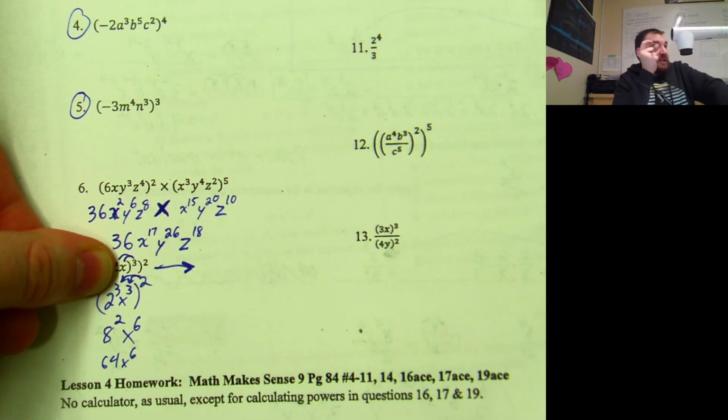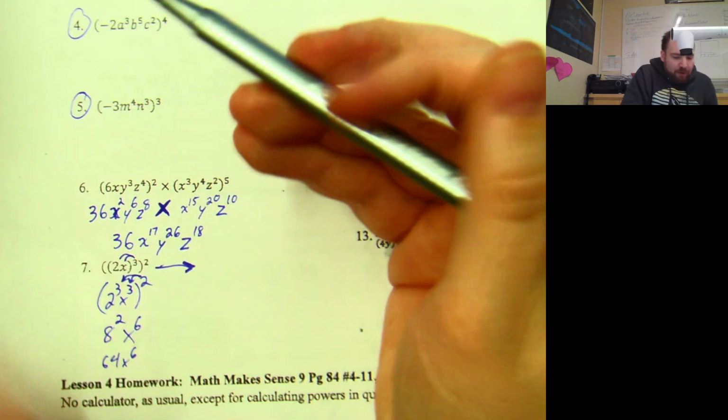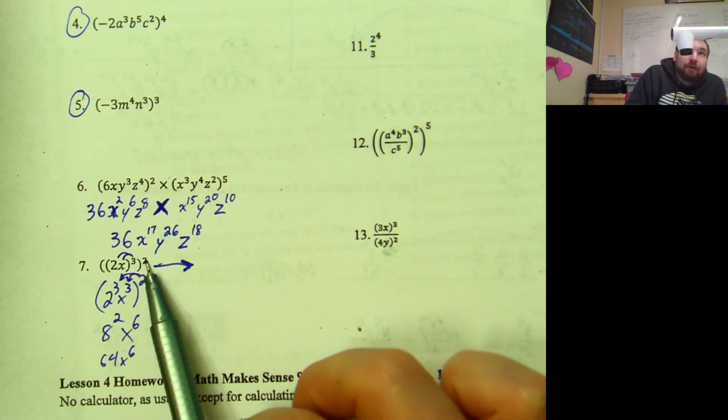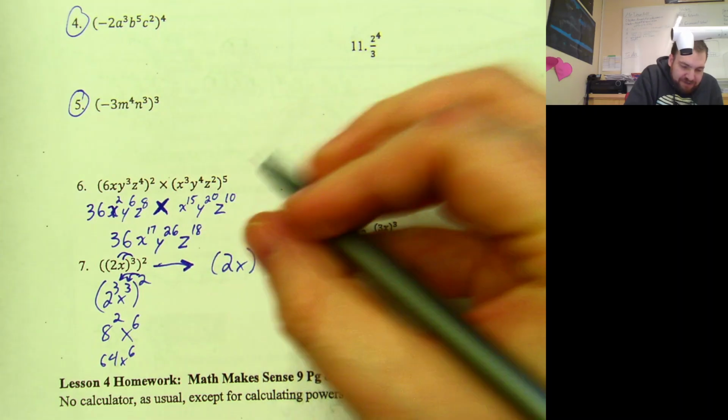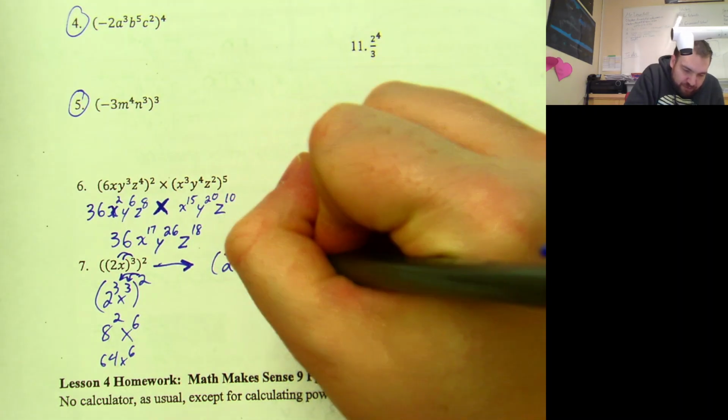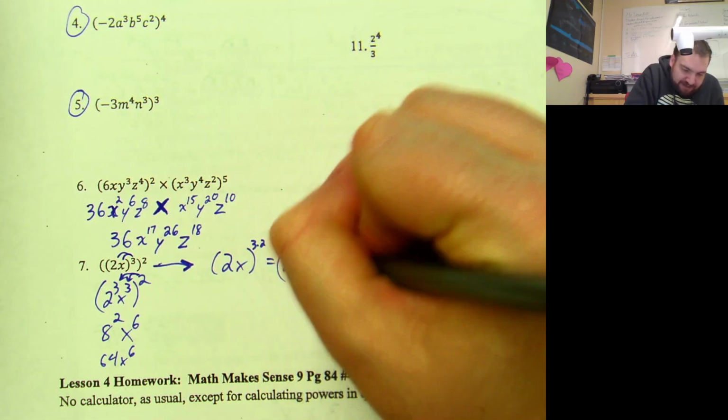So I'm multiplying the exponents together, right? That could be my first step. I've got a power to a power, so I'm going to multiply those exponents together. So I'm going to get 2x to the 3 times 2, which is going to give me (2x) to the 6.